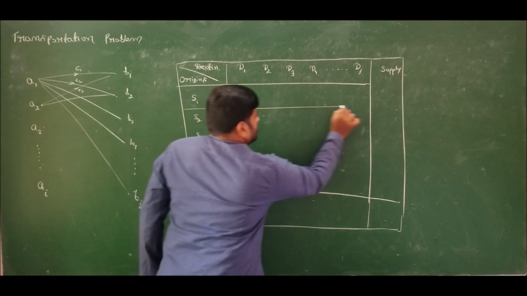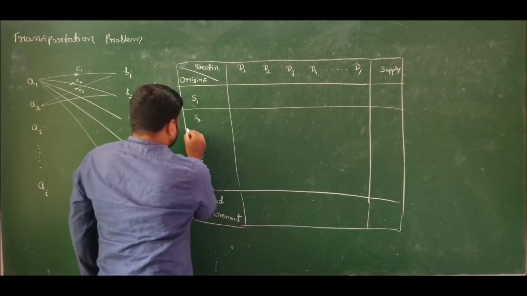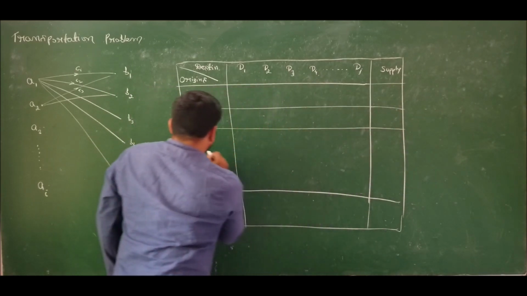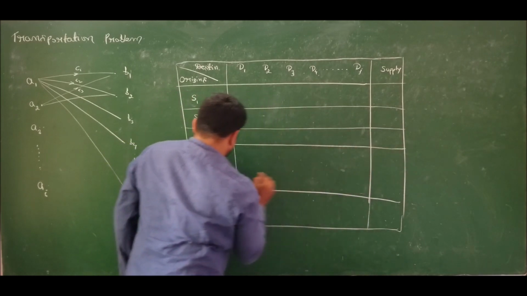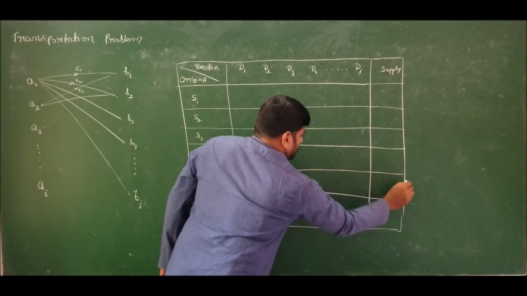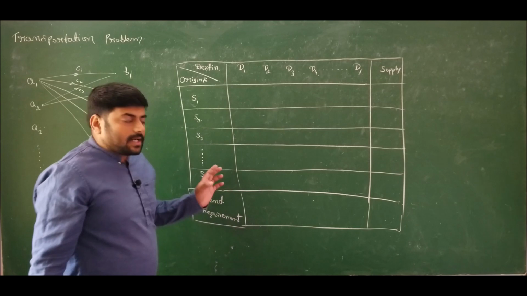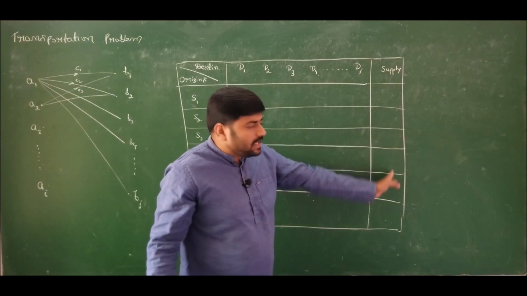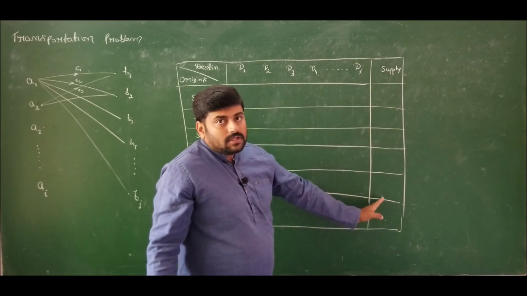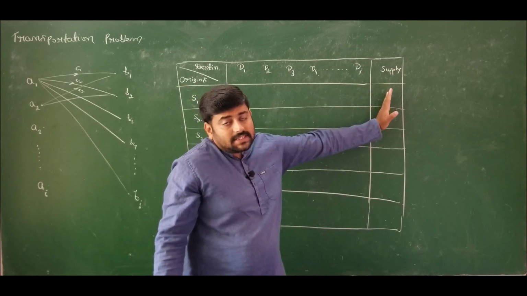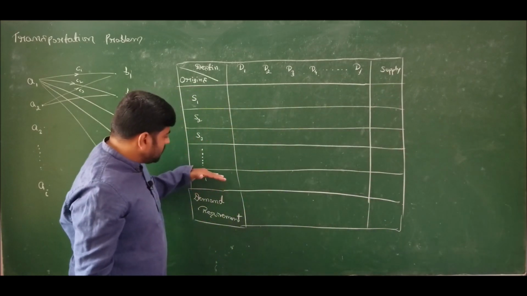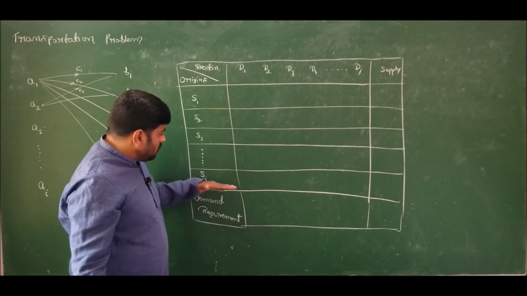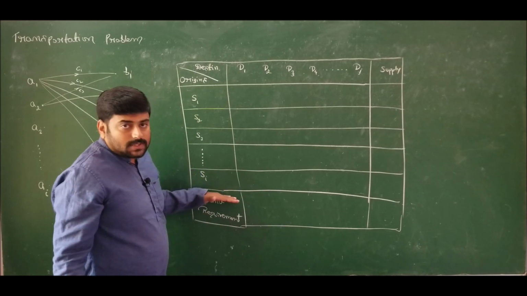So from each source we will be transferring the commodity to the destinations. Our aim is to determine the total minimum transportation cost. So always we represent the supply in the column adjacent to the last destination. Always we represent the demand in the row below the last source.